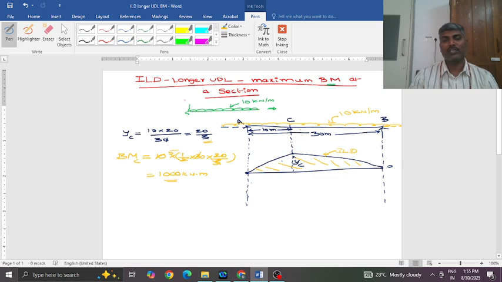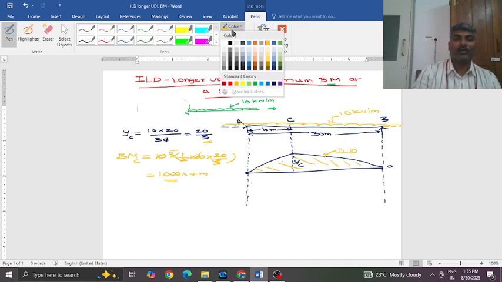If you change the section to some other location, the maximum bending moment value will change. So let us find the maximum possible bending moment in the whole beam.